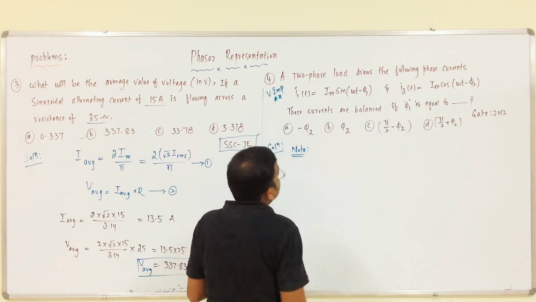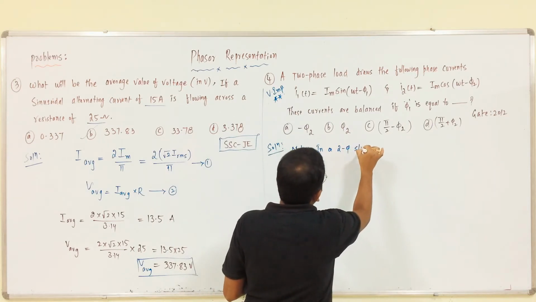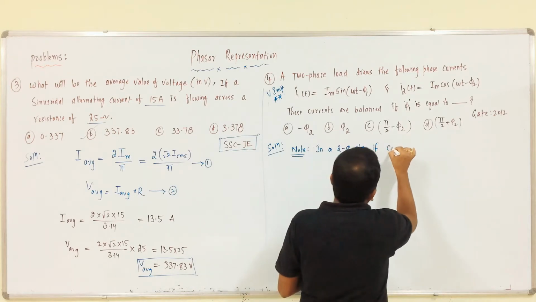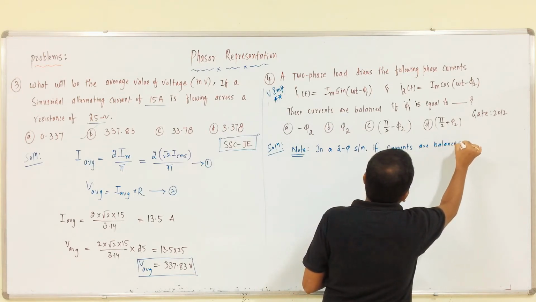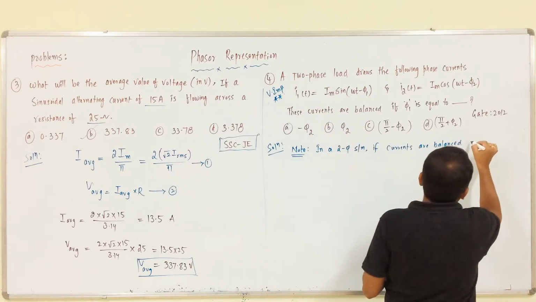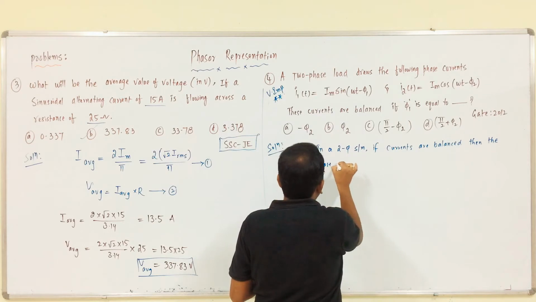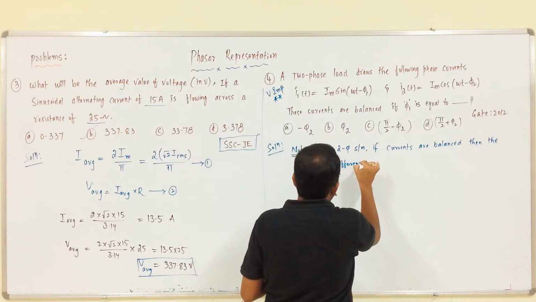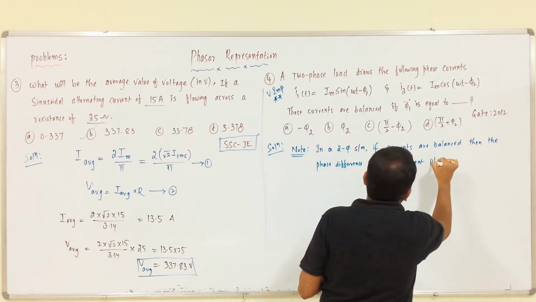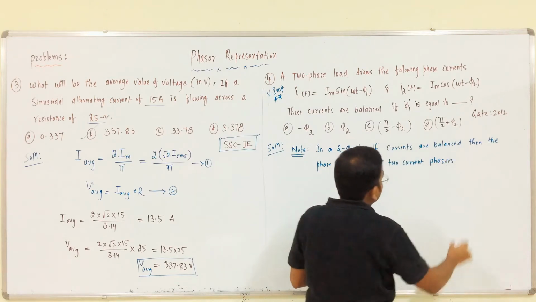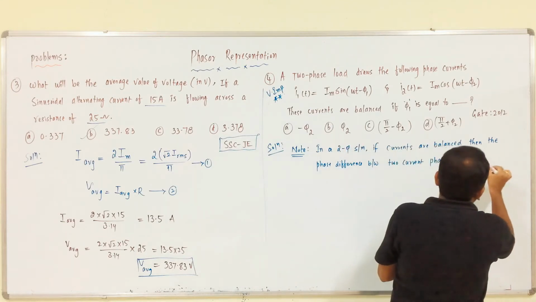Given that it is a two-phase system, if currents are balanced, then the phase difference between two current phasors is 90 degrees.